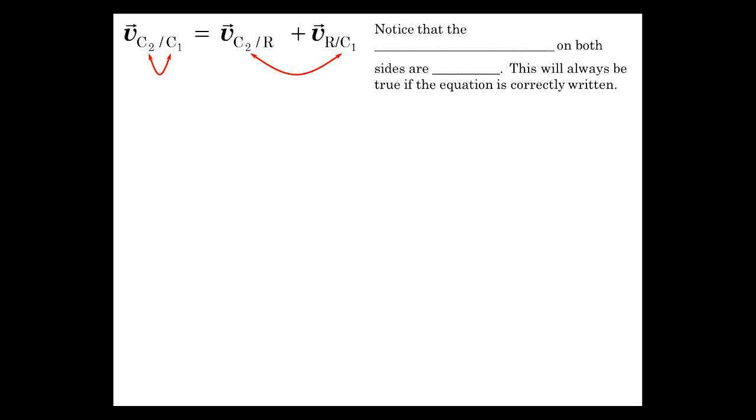What's in the middle is the road, kind of almost like a placeholder, you could think of it as. It's a common reference that ties them together. So notice that the outer subscripts are equal, and that will always be true if the equation is correctly written.